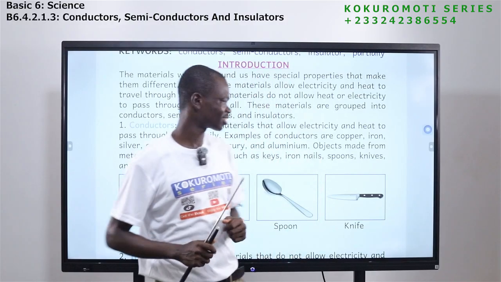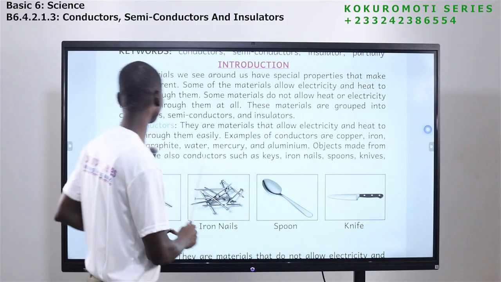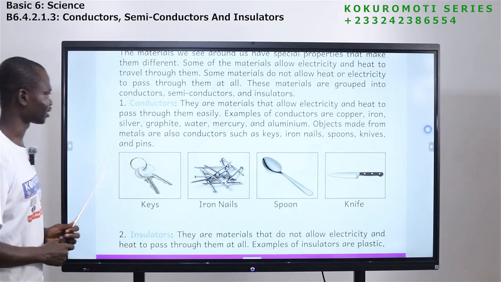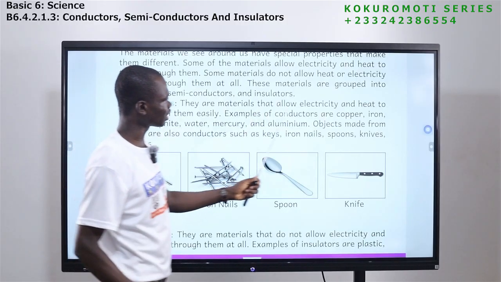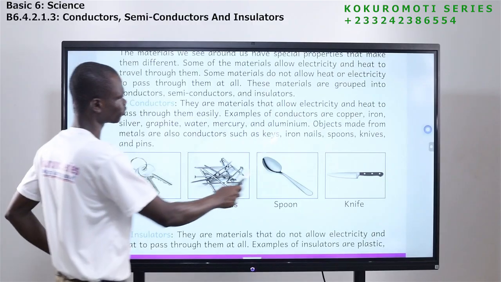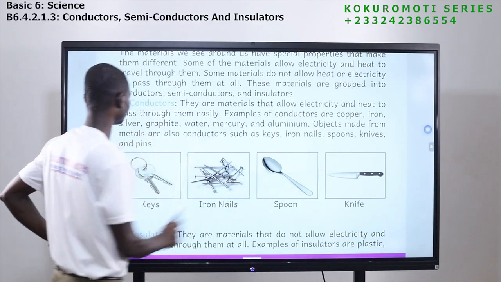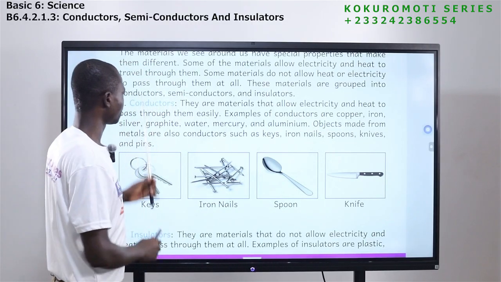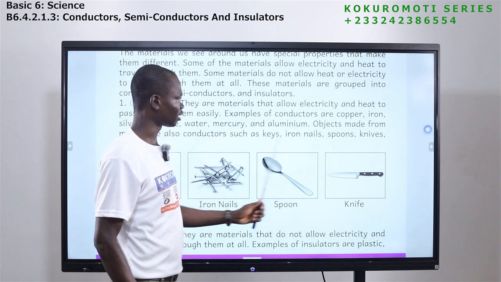Okay, now let's continue. Let's look at conductors. They are materials that allow electricity and heat to pass through them easily. Examples of conductors are copper, iron, silver, graphite, water, mercury, and aluminium.